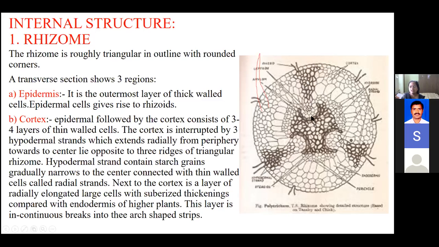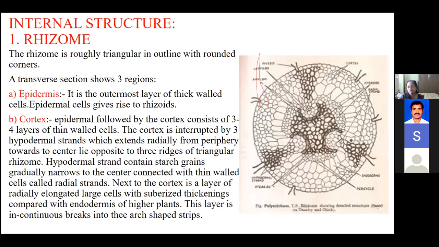Now, what are these hypodermal strands? Hypodermis is always related to providing mechanical strength. To give mechanical support to this rhizome region of the plant body, some of the cortical cells in this rhizome are surrounded by a very thick layer called suberin.